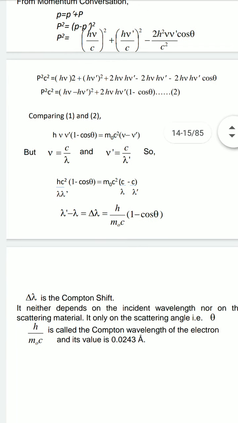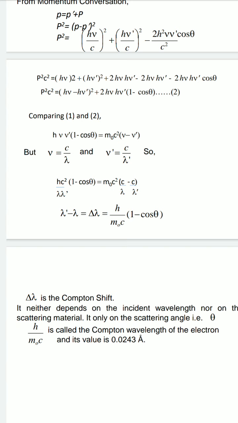Taking the common denominator and moving to the left-hand side, lambda dash minus lambda will be equal to h by m0 c into 1 minus cos theta, as the c square gets cancelled.